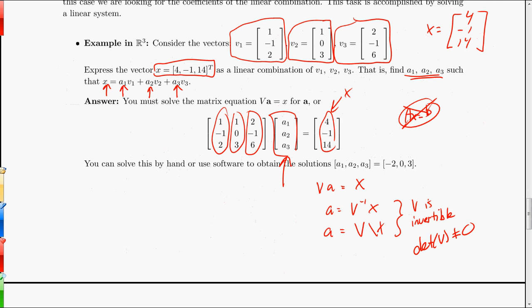But if the determinant does not equal 0, it's fast, it's easy, you get a unique solution, and you can figure out what those coefficients are. And you could do it by hand, but I did it with software, and those are your coefficients. So A1 is -2, A2 is 0, A3 is 3.